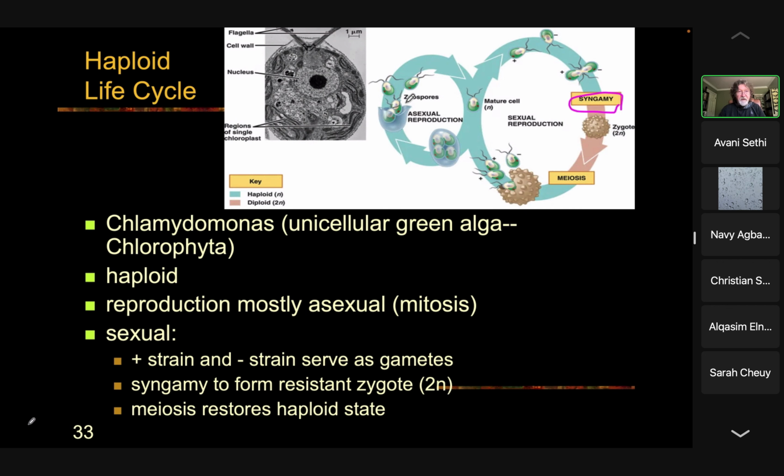Then it'll undergo another phase of mitosis, but most of the time it's in that vegetative state. So I'm using this word vegetative state not in the same way that we do with people in comas. That's not what I mean here. Does that make sense? Yep, thank you.